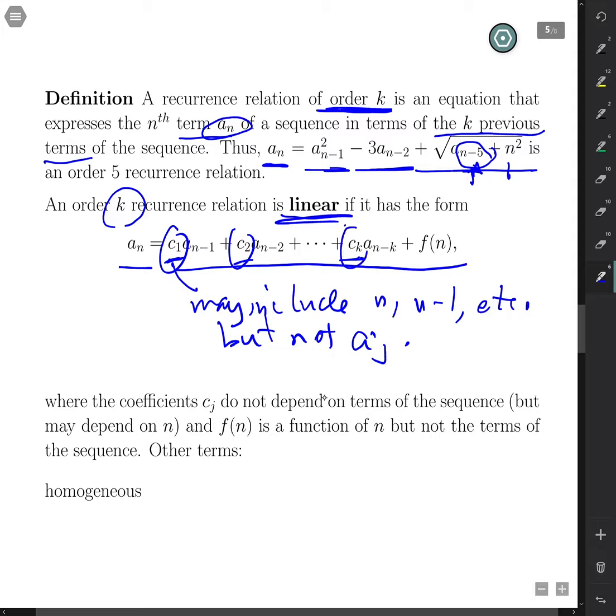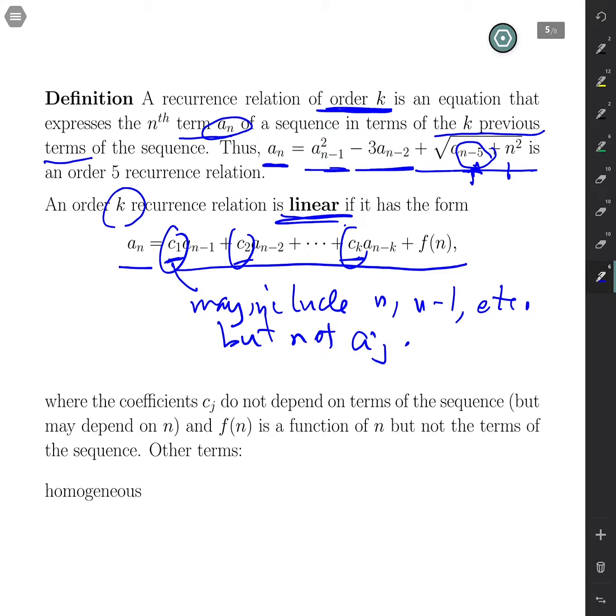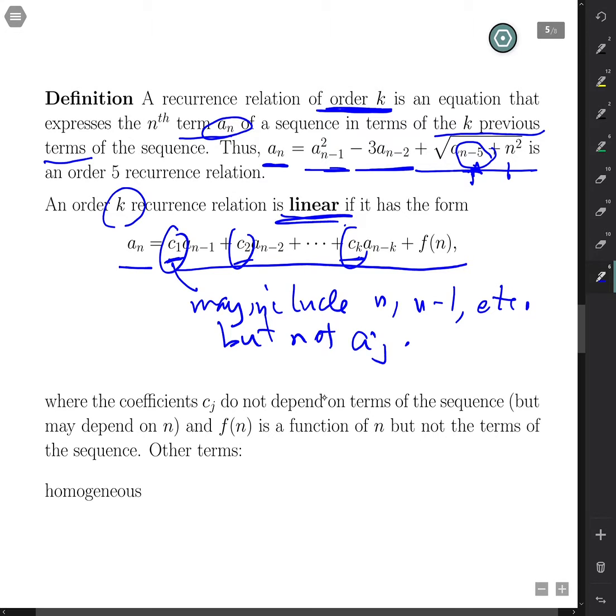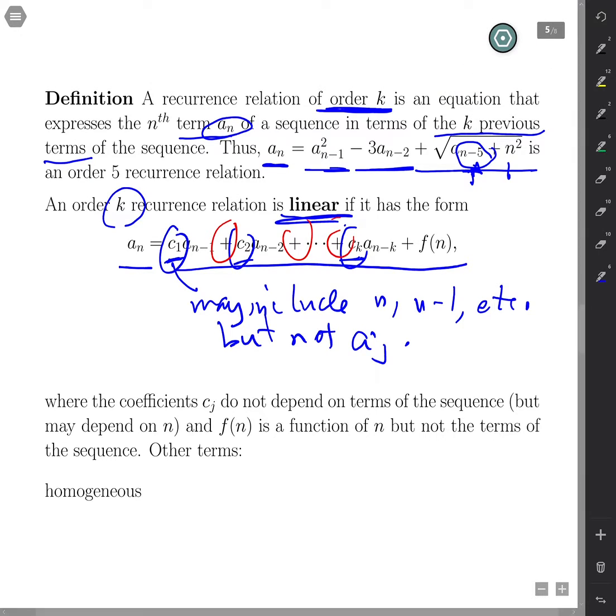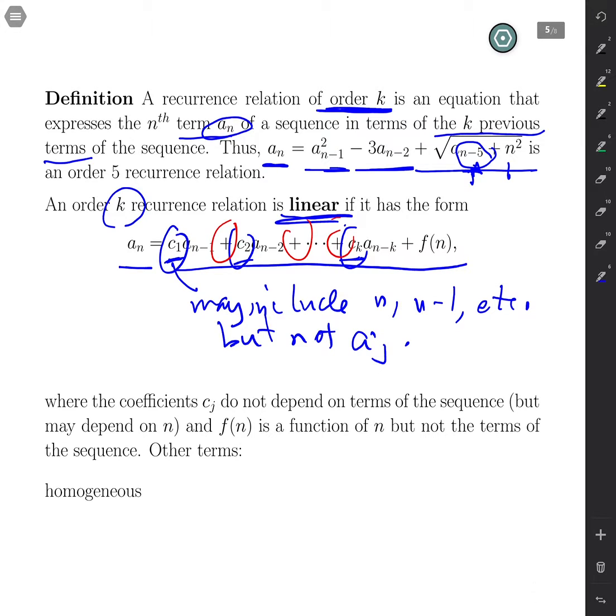So these are coefficients that do not involve the terms of the sequence. And then the other thing involved in the combination is additions. So the only way the terms are combined is by multiplication by some coefficient and then addition of the terms.